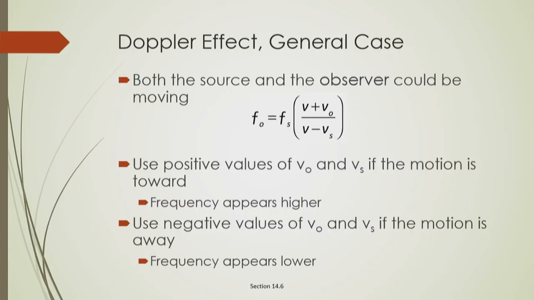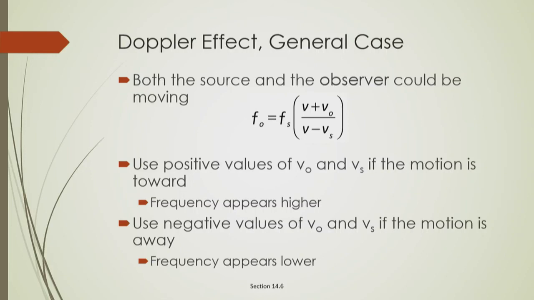And keeping track of which one is the observer, which one is the source, is really the one that's going to cause you your grief on your homework. Which one is moving away and which one is moving toward, and then keeping track of your positive and negative signs. It's not that this equation is hard, it's just, okay, which value do I have to plug in where?